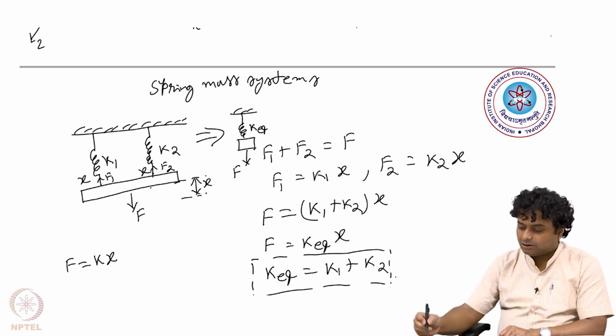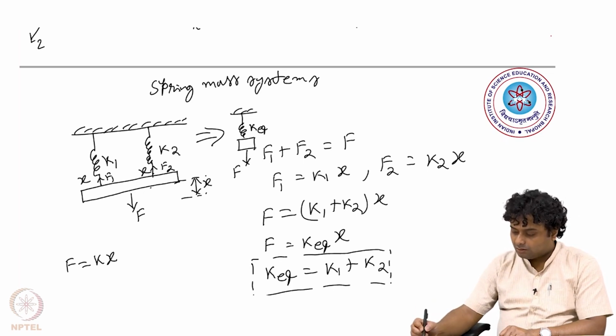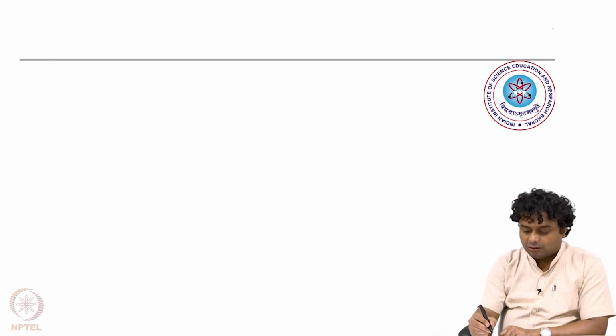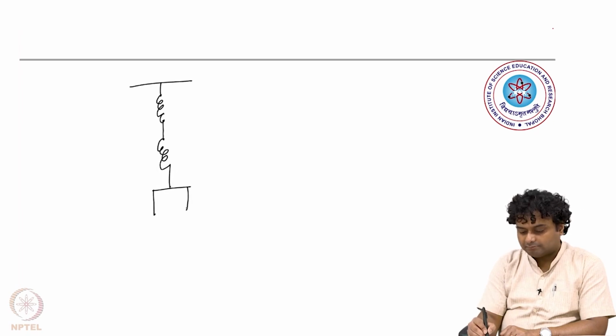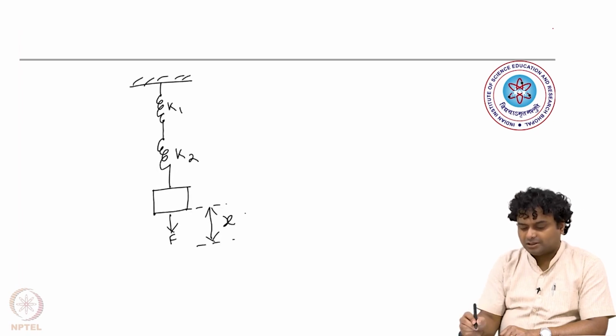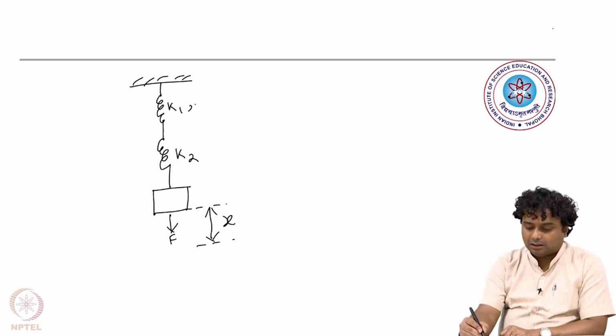So, this is one important relation, and now let us go to the next case where two springs are connected to one single mass in series. Let us say the mass moved by x because of the force F. Now, this spring will have a different deflection and the other spring will have another deflection.